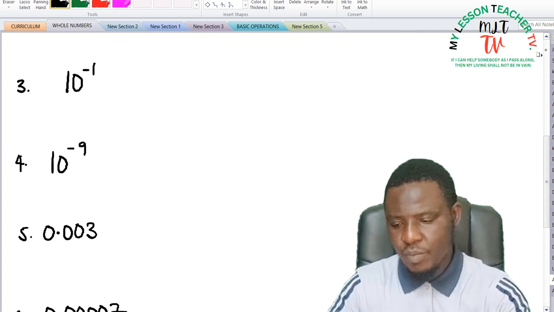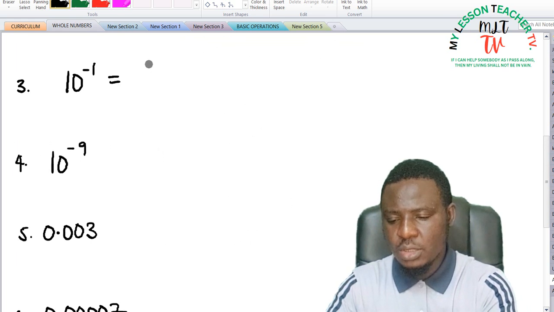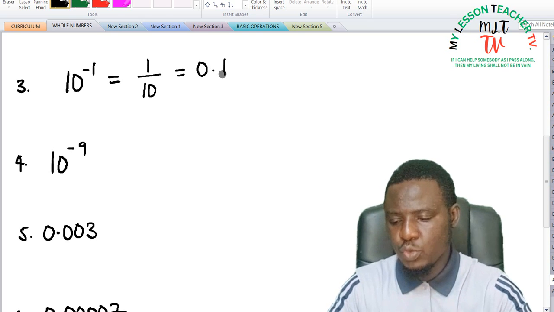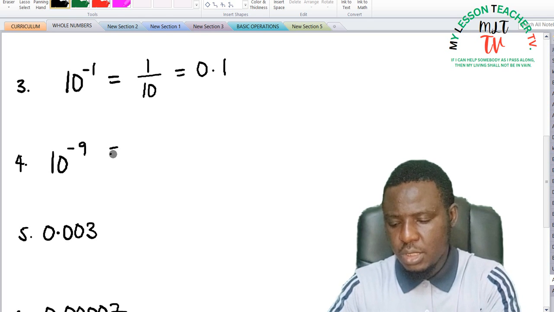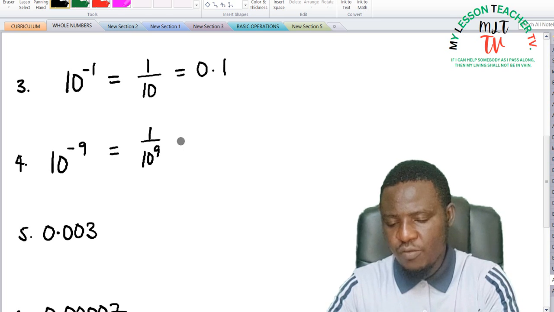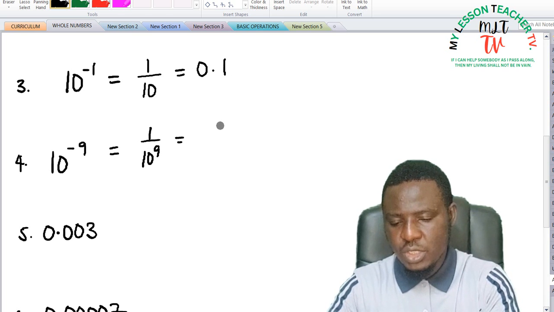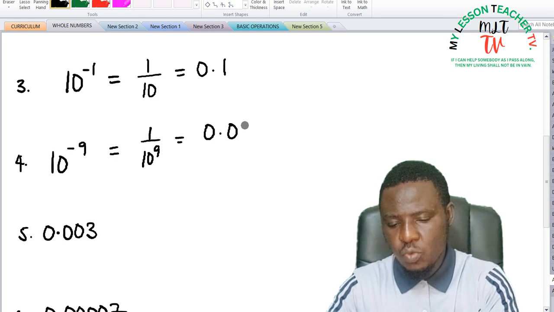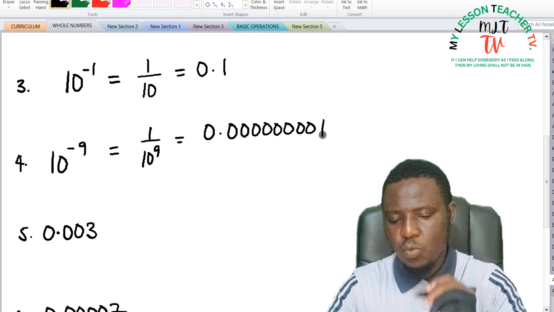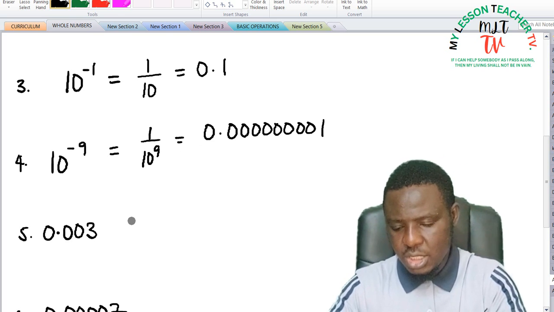Number 3, 10 raised to the power of minus 1 is written as 1 over 10, and 1 over 10 is equal to 0.1. Number 4, this is 1 divided by 10 raised to the power of 9, which is equal to 0. We have 8 zeros, 1, 2, 3, 4, 5, 6, 7, 8, and 1, making it 9 digits.